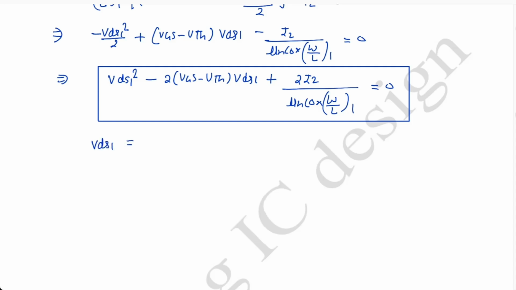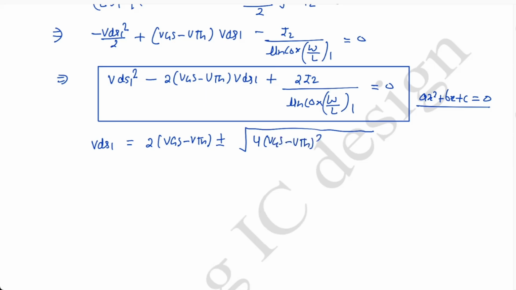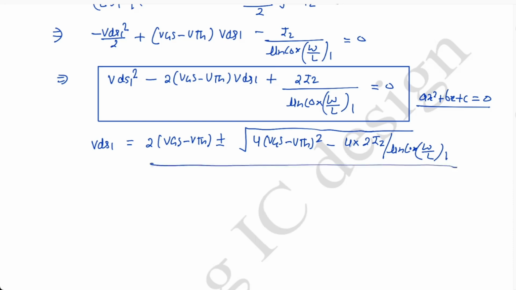This is similar to AX square plus BX plus C equal to 0. So the root of this equation is VDS1 equals minus B plus or minus root over B square minus 4AC, divided by 2A. So it will be 2 (VGS minus VTH) plus or minus root over 4 (VGS minus VTH) whole square minus 4 into 2I2 divided by mu1 Cox W by L1, divided by 2 into 1.